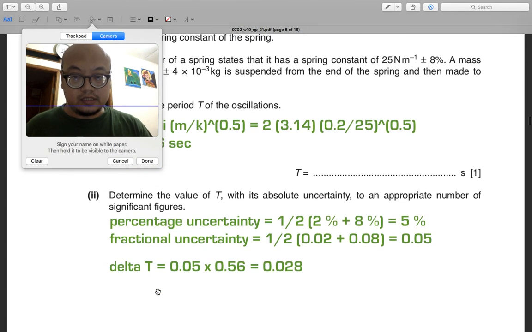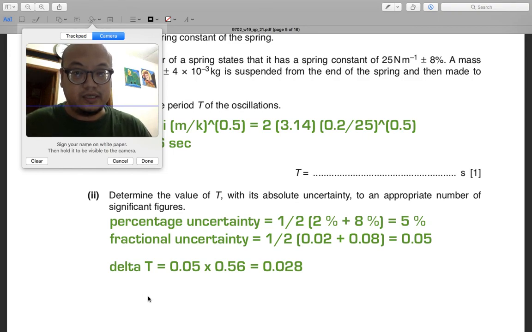The next question is question II. Determine the value of T with its absolute uncertainty to an appropriate number of significant figures. Percentage uncertainty equals a half of 2% plus 8%, which equals 5%.